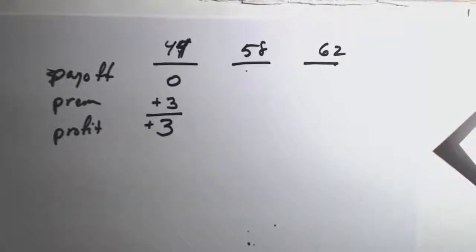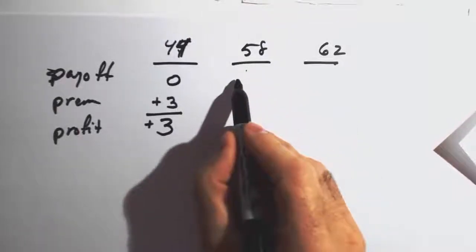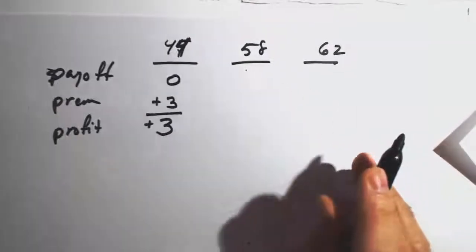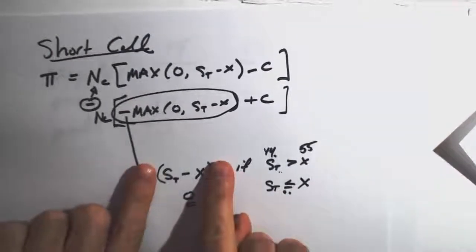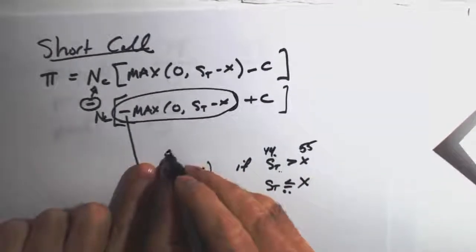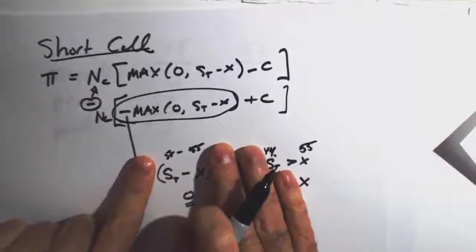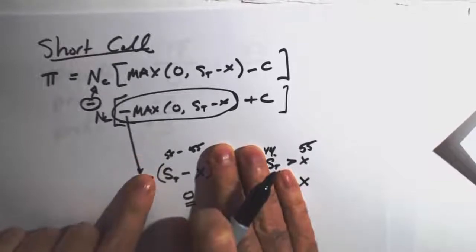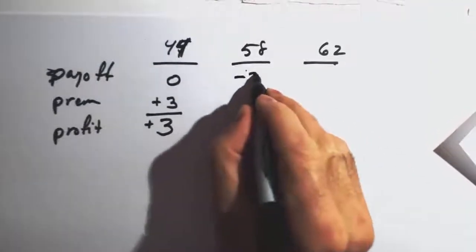Now let's look at what happens when we're at 58. The payoff is going to be 58 minus 55, $3. That's what the holder, the owner of the long call, is going to get, but since we're short, it's negative 3. So we lose $3.